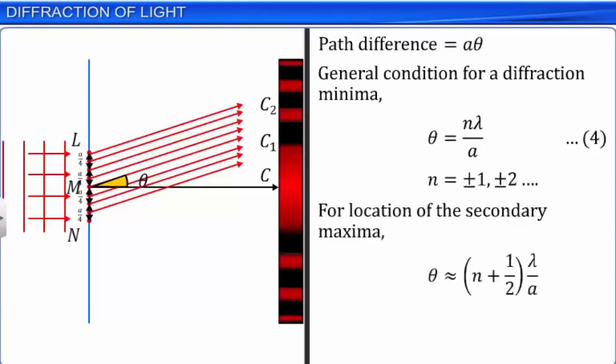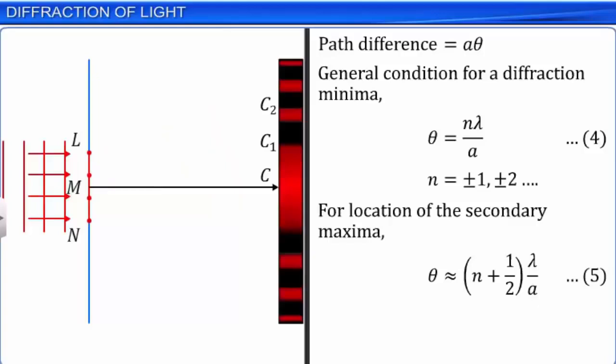Let us now verify the validity of equation 5. Imagine that the screen is split into 3 equal parts of width A by 3. Consider a point C0 approximately between C1 and C2 at an angle theta equal to 3 lambda by 2A. Now consider 2 waves from the ends of the 2 top parts.